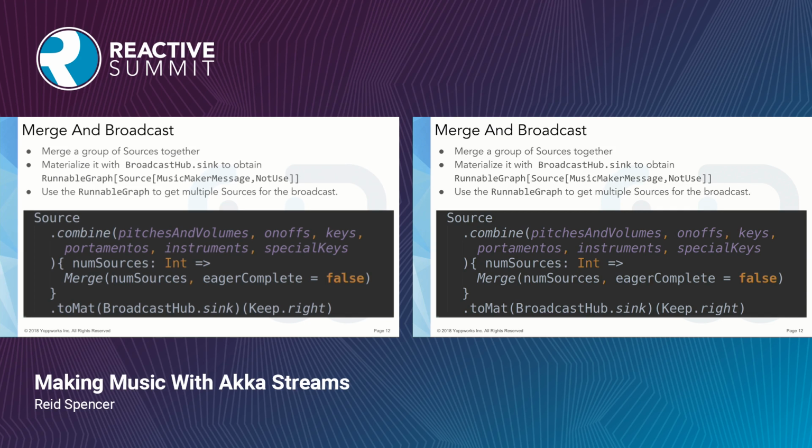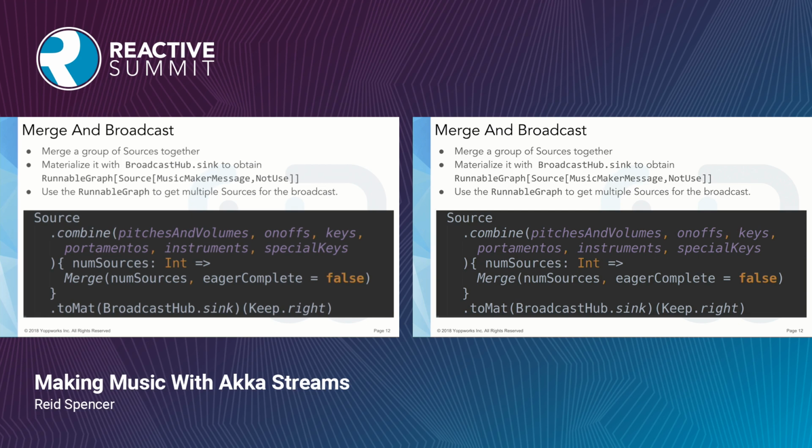The output side is just the last line. So we're saying to mat, to the materialization of BroadcastHub.sync. And this is syntactically awkward, but quite powerful.